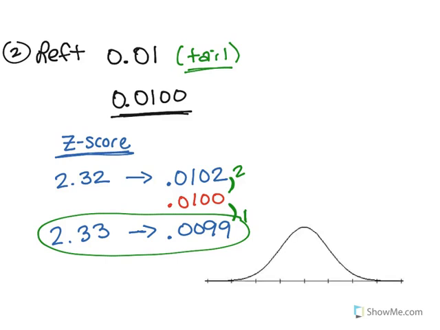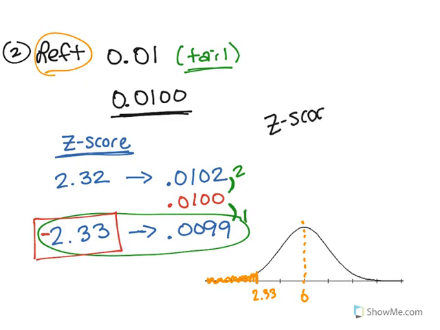Since this is a tail measurement and we're talking about the left, the 2.33 needs to be negative. So the corresponding z-score for that measurement is negative 2.33.